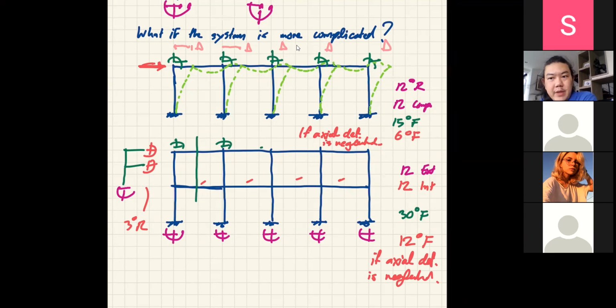You must be able to identify the degrees of freedom of your structure. The failure to identify the degrees of freedom is the failure to identify the structure itself. To put it plainly, it's a failure to identify what you need to solve.